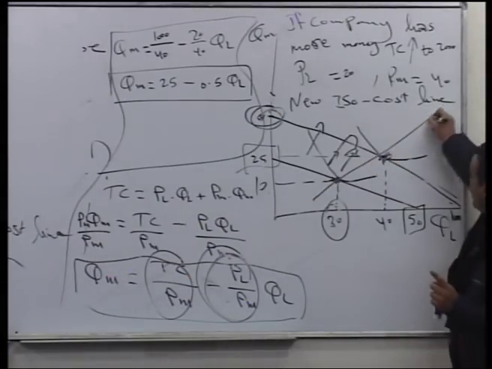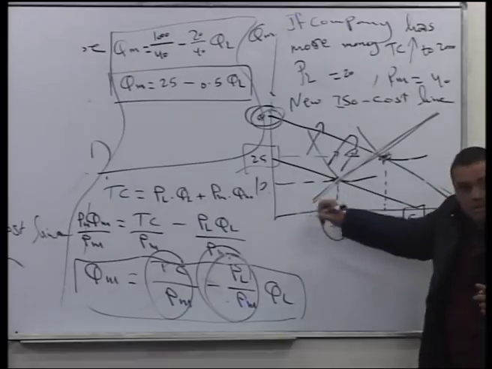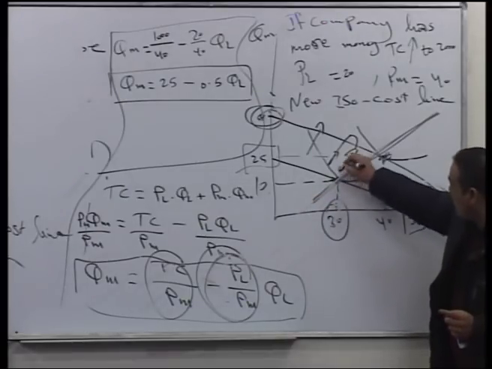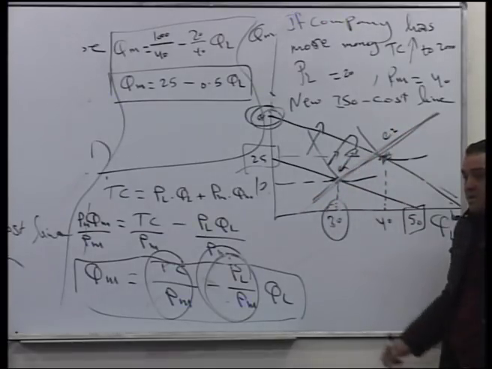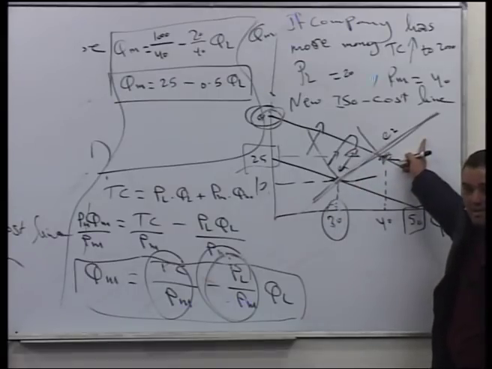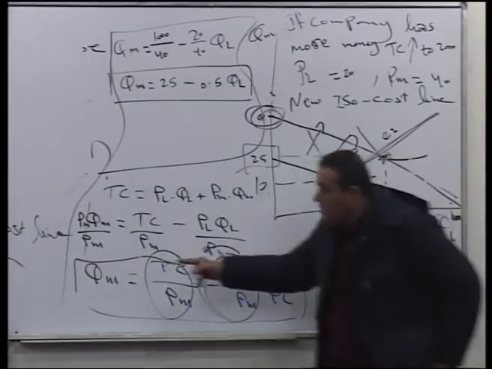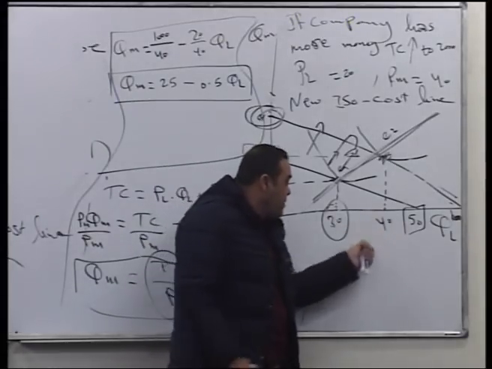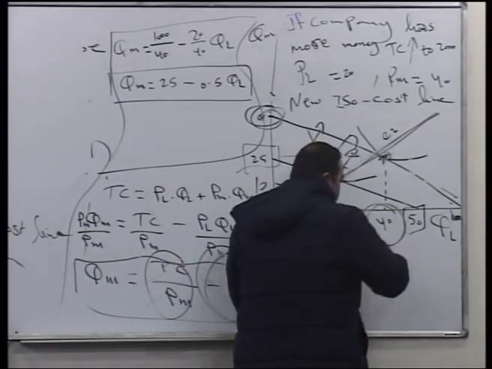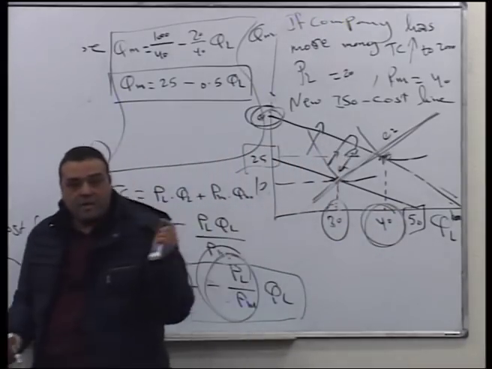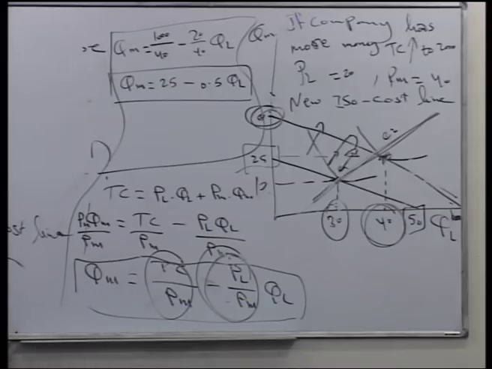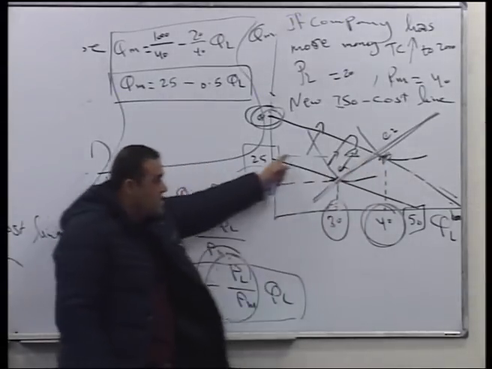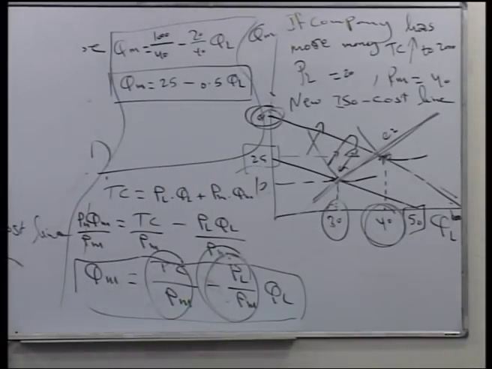Here, this is the expansion line. A movement from point A1 to point A2. This is the expansion path. Right? So, according to our assumption, the new equilibrium occurs when the number of workers is 40. How many machines should we buy?